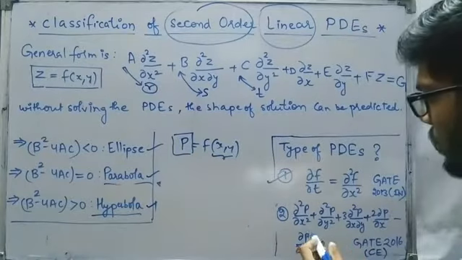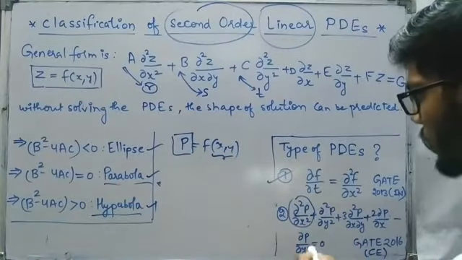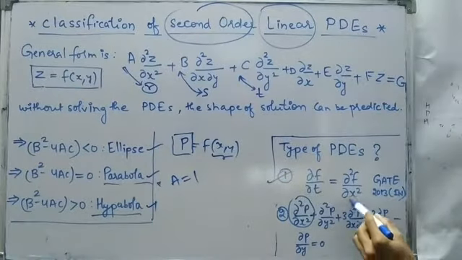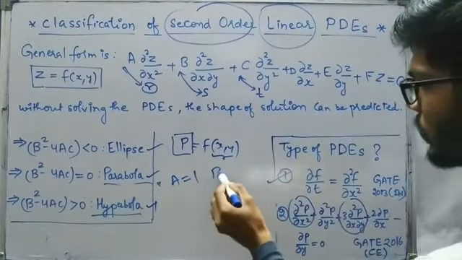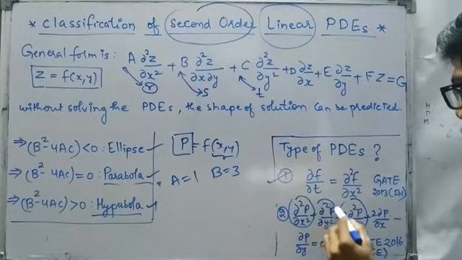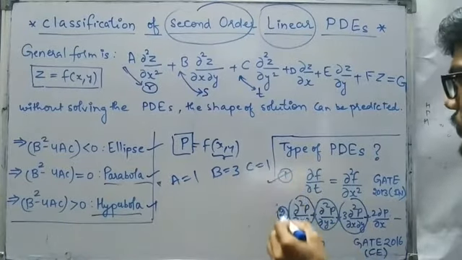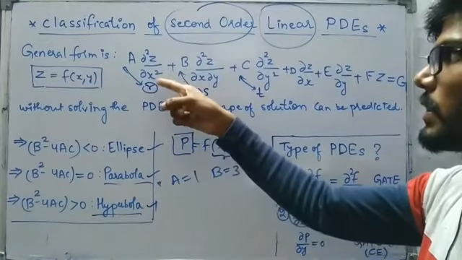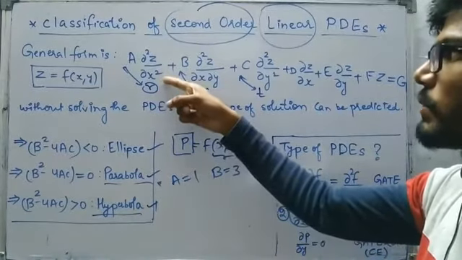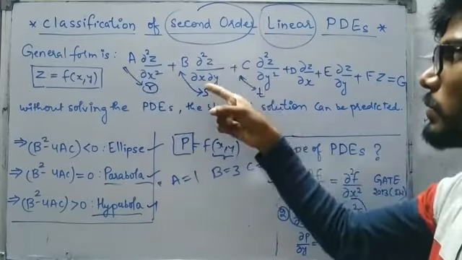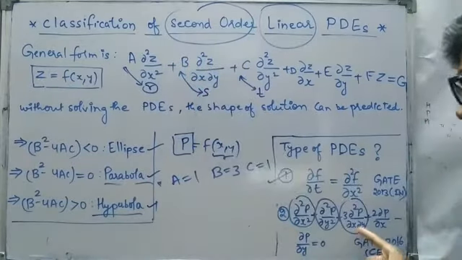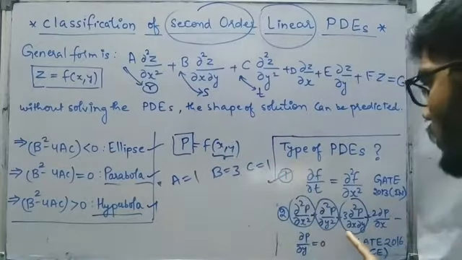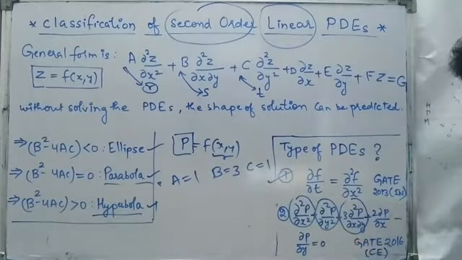And again, if we compare, for the dou 2 p by dou x2 term we have a is equal to 1, for dou 2 p by dou x dou y this will be b is equal to 3, and for dou 2 p by dou y2 this is going to be c equal to 1. That's why I was telling you to be very careful that the coefficient of dou 2 z by dou x2 is a, and the coefficient of dou 2 z by dou x dou y is b. Just to make you do this mistake, he has given the problem like this.